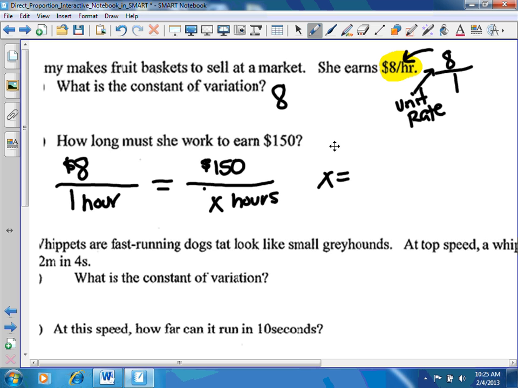Got it? What do you get? 18.75 hours. Everybody have that? Okay, which picture goes with this problem? Fruit basket.